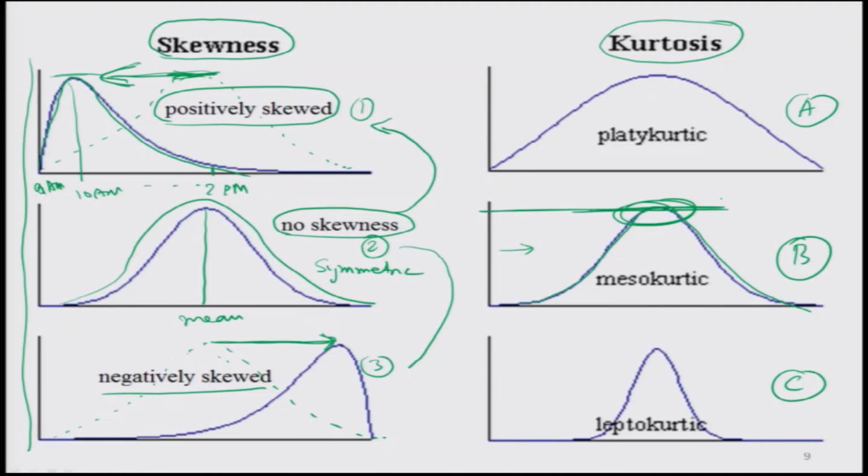Now there can be two options: this hump can be higher than this, or it can be smaller than this. This characteristic of looking at the hump of the curve is studied through the concept of kurtosis.